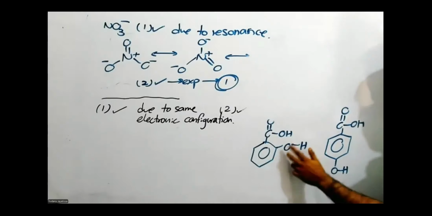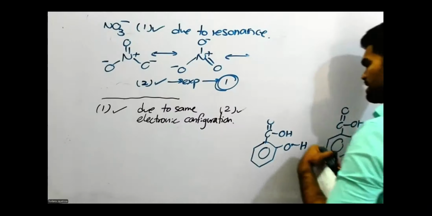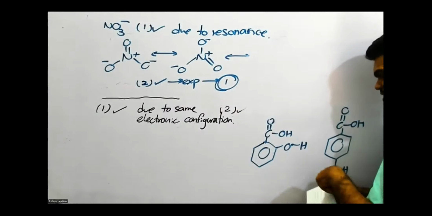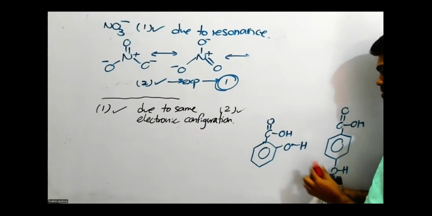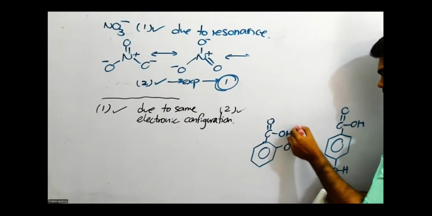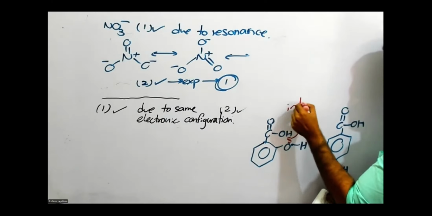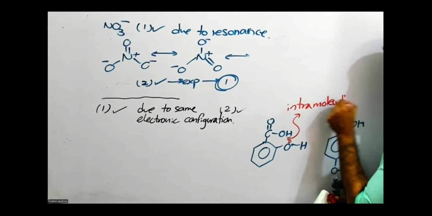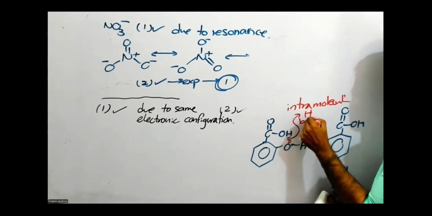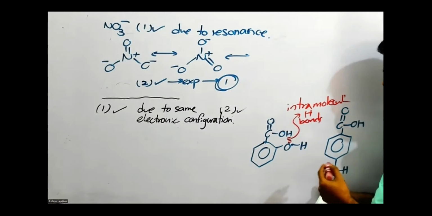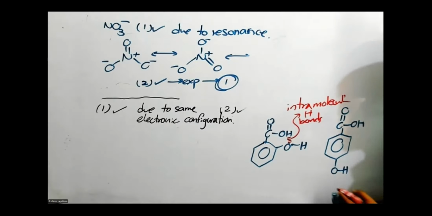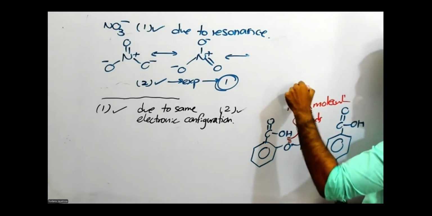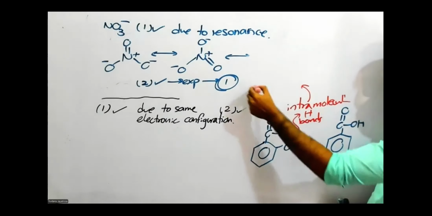If you take this compound, if I come straight to the point, it is having intramolecular H bonds. So they are kind of decreasing the ability to form H bonds between molecules.